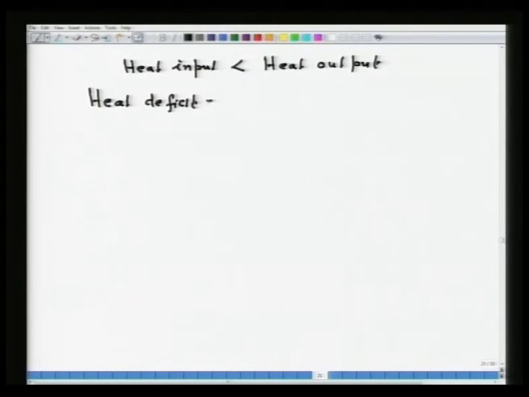So, heat deficit will be 234,393 kilocalorie. This is the heat deficit. Now, one way to meet the heat deficit is to preheat the air.